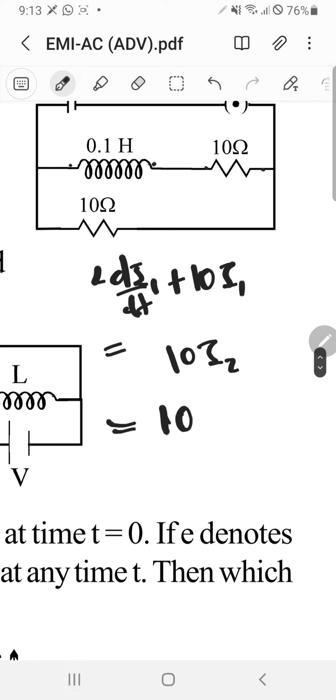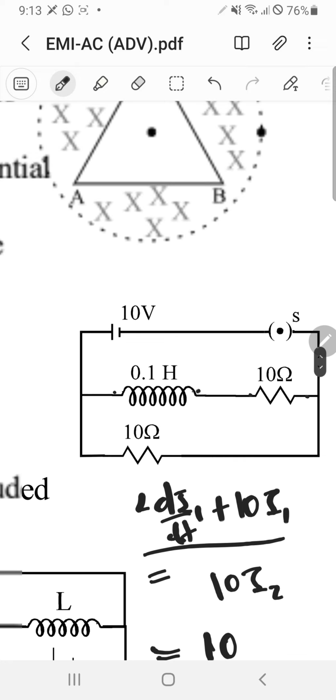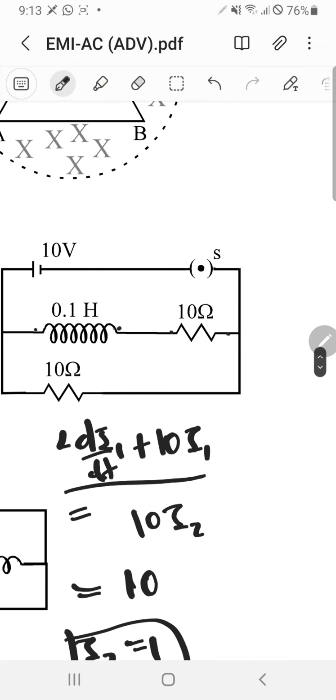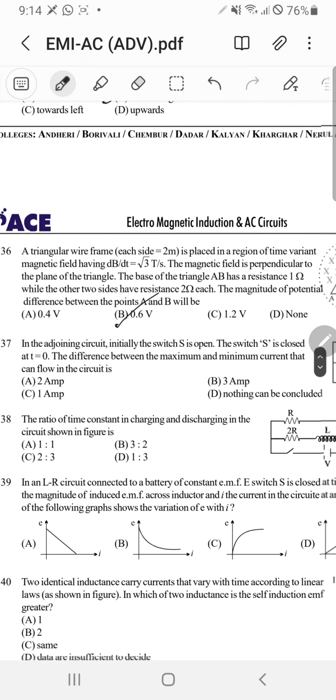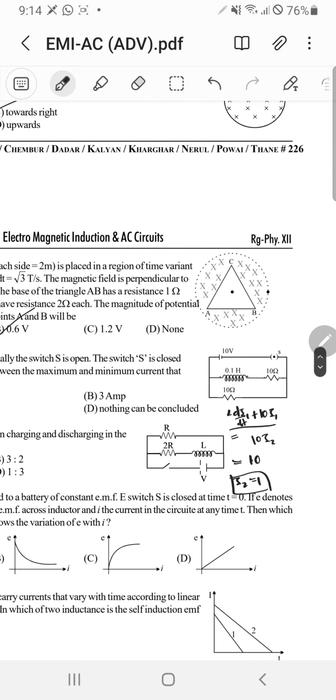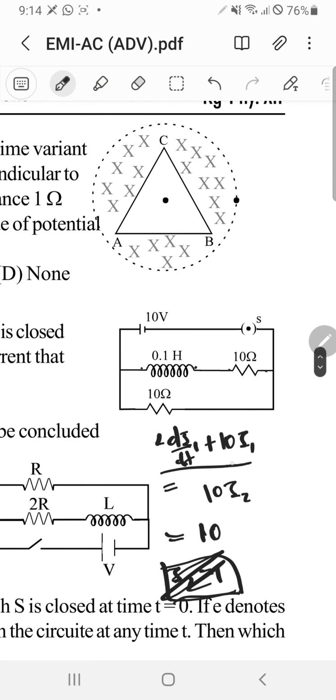So you know that I2 is just 1, right? So I1 changes accordingly. What do we want? The maximum and minimum current that can flow in the circuit, the difference in that. So this is constant, so ignore this and just think about I1. That's all we need to find.